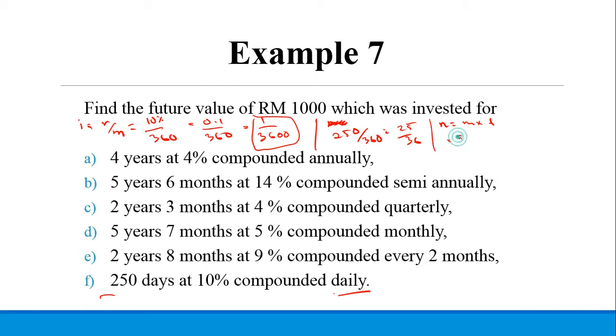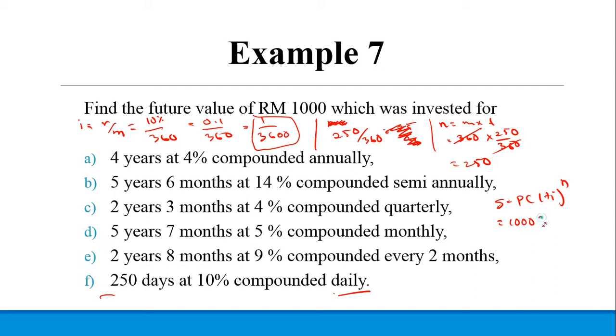M is 360 multiplied by 250 over 360. I just use this one, doesn't change back, so I can eliminate this one and this one. You get 250. So S equals P(1 + I)^n.